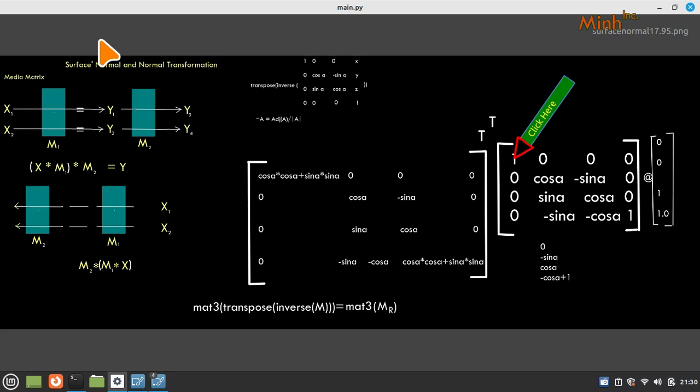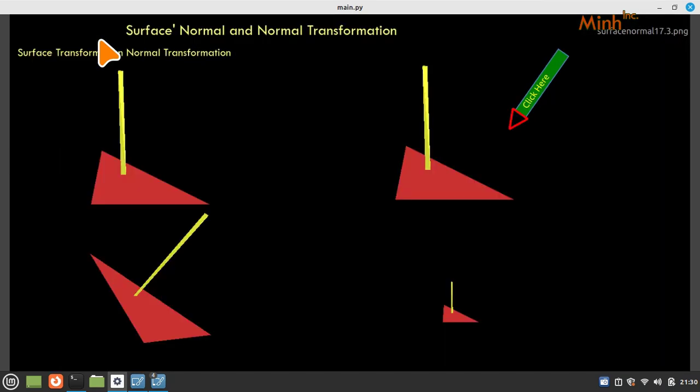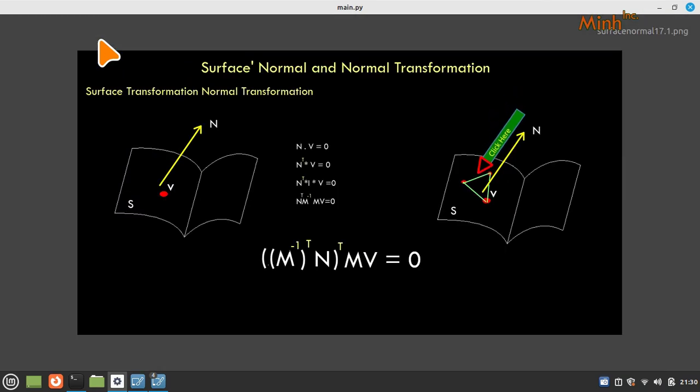If a vertex is transformed by M with a rotation transformation, we can take out the top 3 rows and columns, and that's it. It is not required to calculate transpose and inverse. That is the normal transformation. This computation is not required.